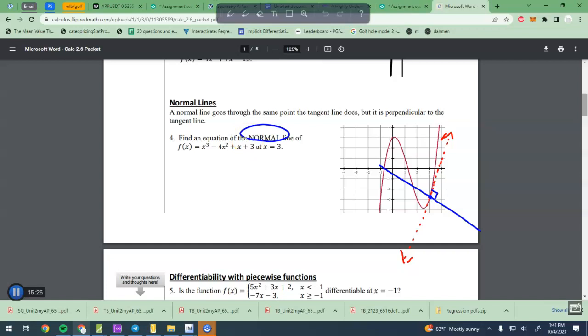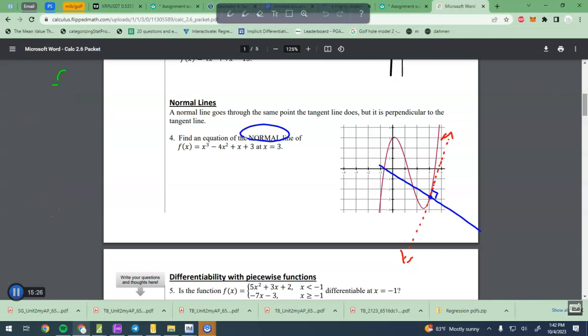Looking at the graph, should the slope of the normal line be positive or negative? Negative, because that's sloping down. If you have a slope of -3/4, what's the slope of something perpendicular to that? Perpendicular would be 4 over 3. Okay?